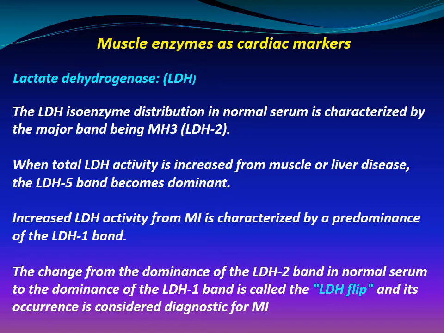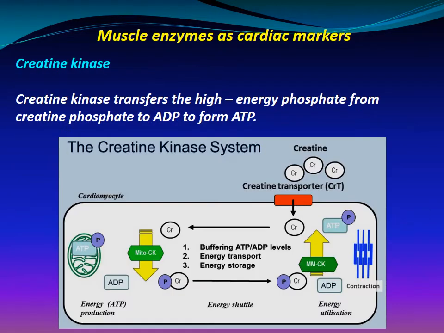Increased LDH activity from myocardial infarction is characterized by predominance of the LDH1 band. The change from the dominance of the LDH2 band in the normal serum to the dominance of the LDH1 band is called LDH flip, and its occurrence is considered diagnostic for myocardial infarction.